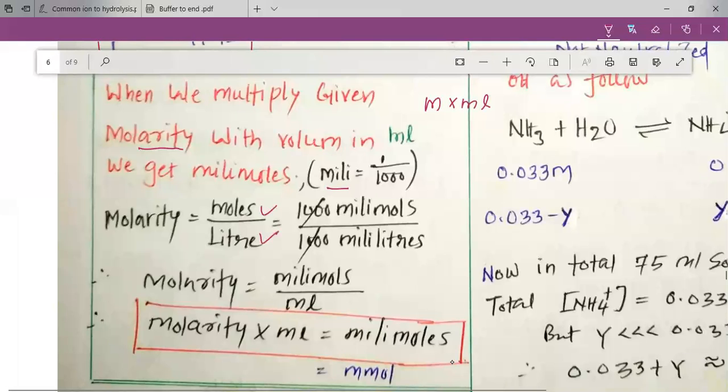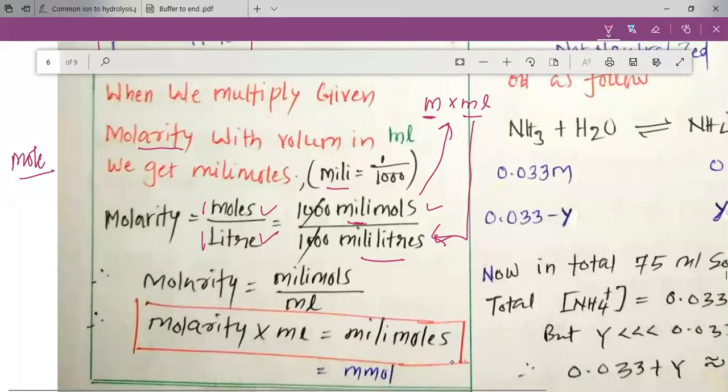Now 1 mole is equal to 1000 millimoles, and 1 liter is equal to 1000 milliliters. These thousands and thousands get cancelled, and you get millimoles and milliliters. So when you multiply the molarity with ml, you will get the millimoles.